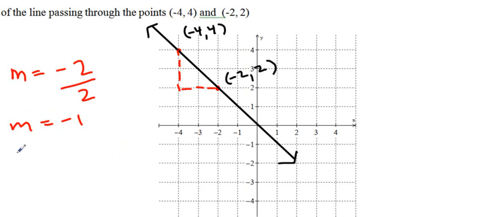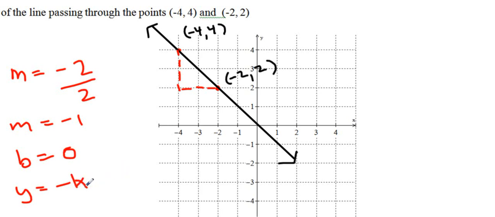All right. So now b, the y-intercept. I can see that my graph crosses the y-axis here at the origin, and at the origin the y is 0. So my final equation would be y equals -x plus 0.